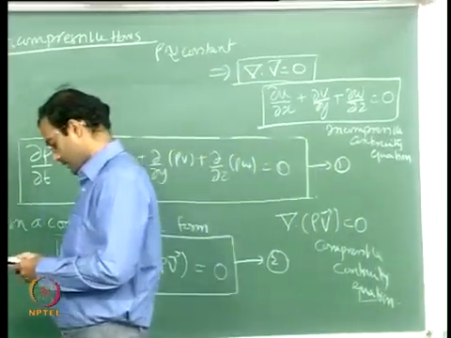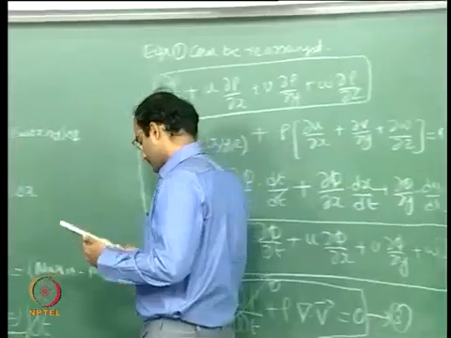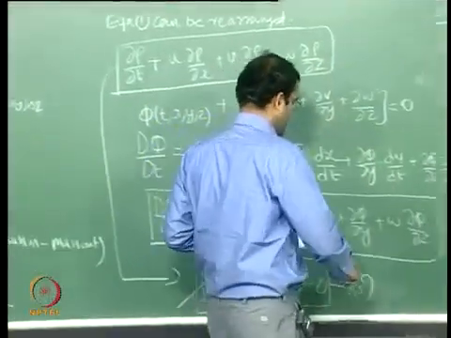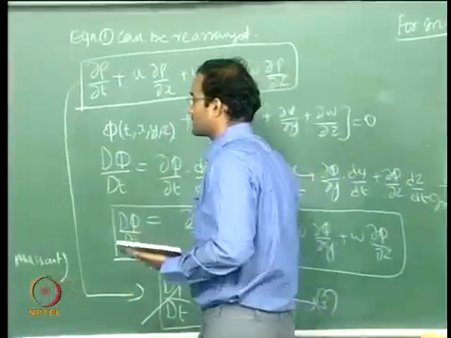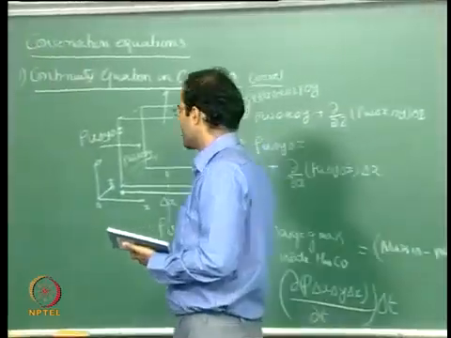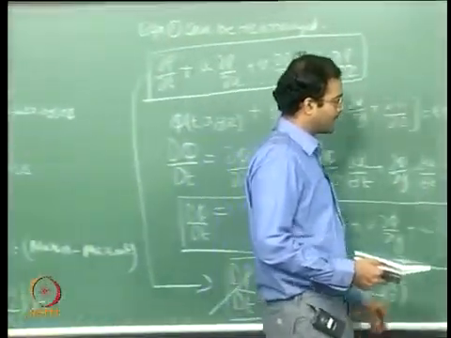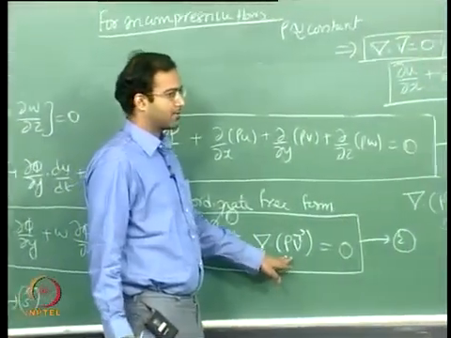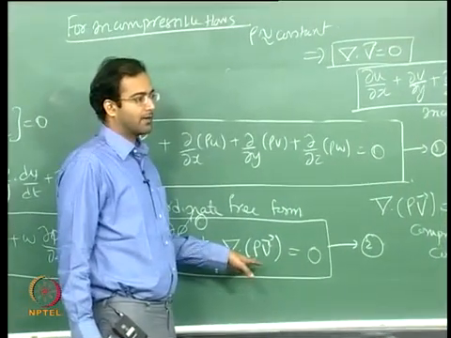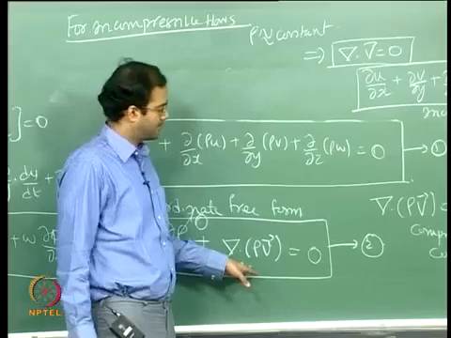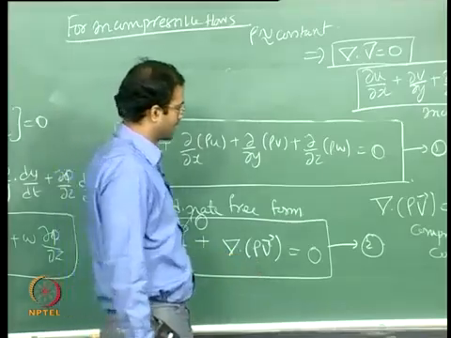So whatever we have done so far is all in one coordinate system, the rectangular coordinate system. One way of writing this in other coordinate systems is to simply replace this divergence operator by the respective divergence operator in that coordinate system and get the equation in that coordinate system.